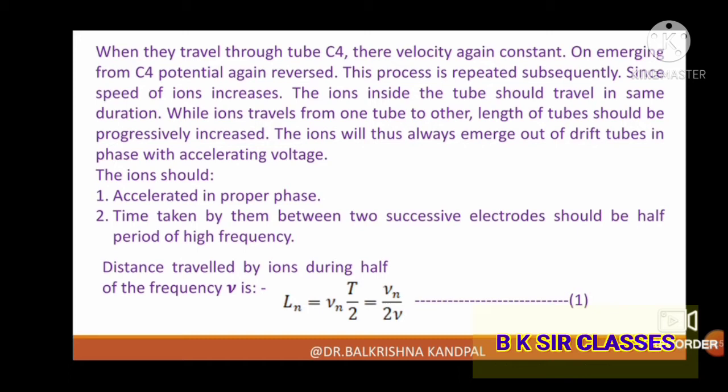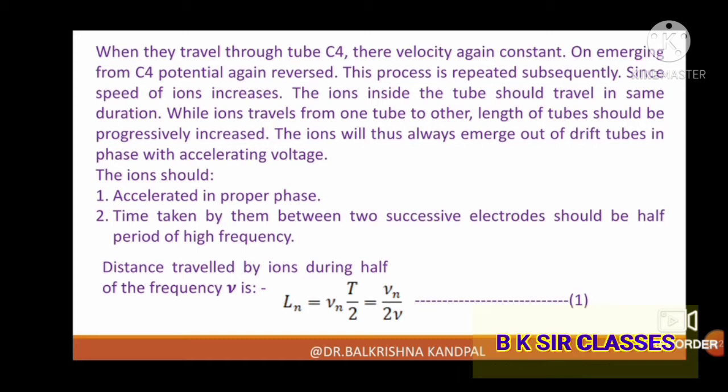These are the two conditions for accelerating the ion. First, the ion is accelerated in proper phase. Second, the time taken by it between two successive electrodes should be half the period of the high frequency. The distance traveled by the ion during half a period, where the frequency is indicated with nu, is ln.